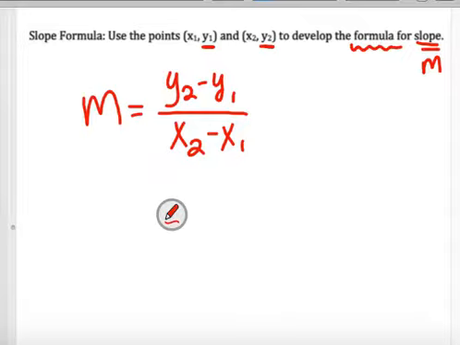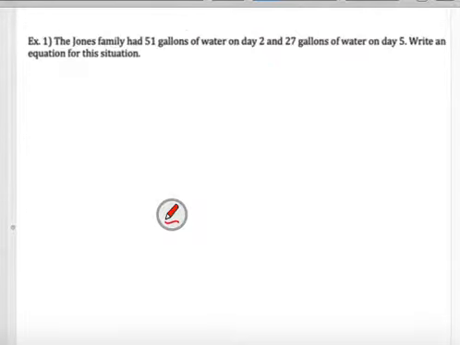Because ordered pairs are written x comma y, a lot of students will put the x's in the numerator instead of the y's. So make sure that we are able to come up with this equation so that you can write it the correct way. Okay? So let's keep this in your background here. We'll use the slope equation as we work forward through our lessons.